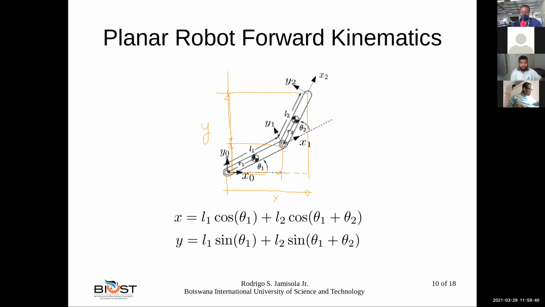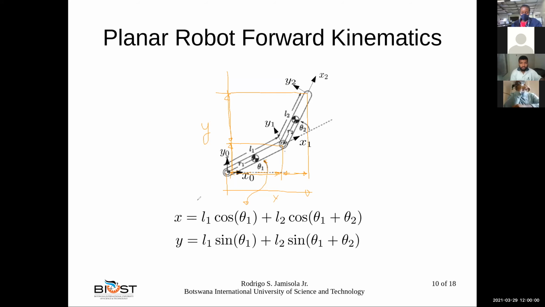And the same thing as your X, this distance plus this distance. Geometrically, we can see that. So this distance is L1 cosine of theta 1, where theta 1 is this theta 1.